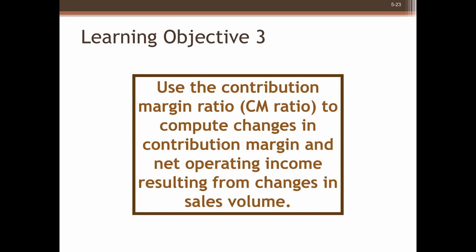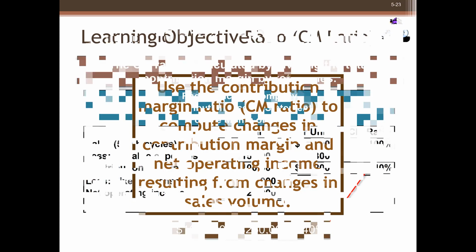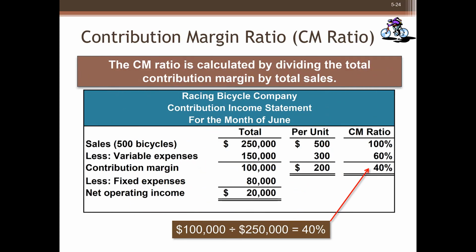Learning objective 3. We will use the contribution margin ratio, which is the CM ratio, to calculate the changes in contribution margin and net operating income resulting from changes in sales volume. The ratio is calculated by dividing the total contribution margin by total sales.